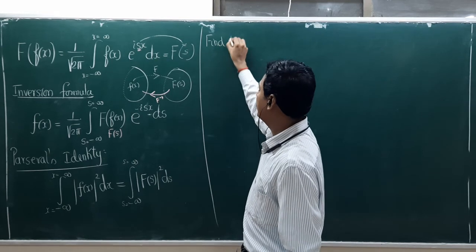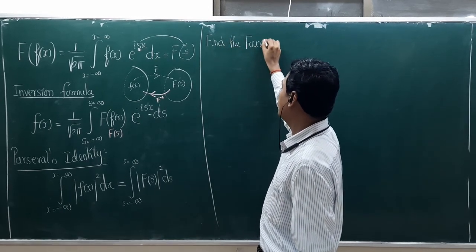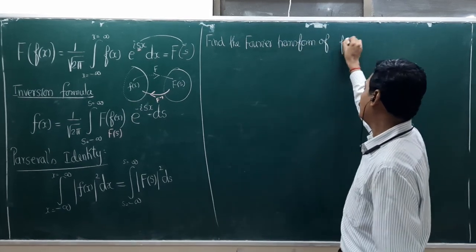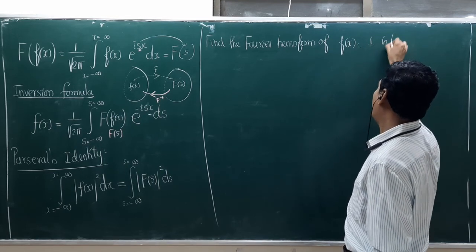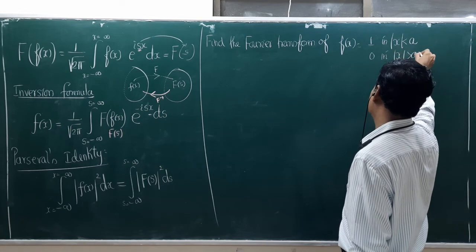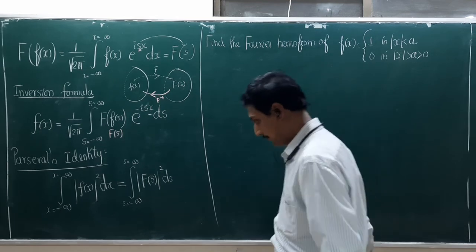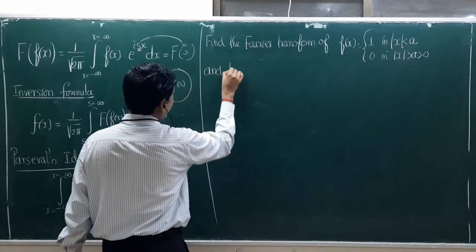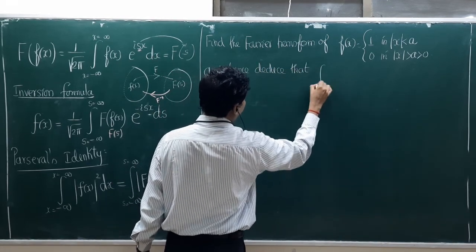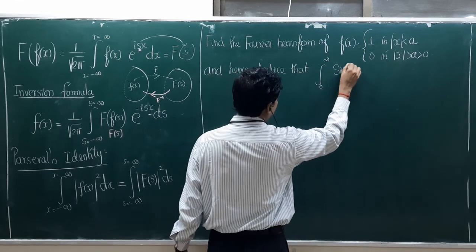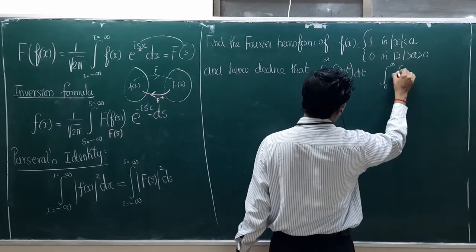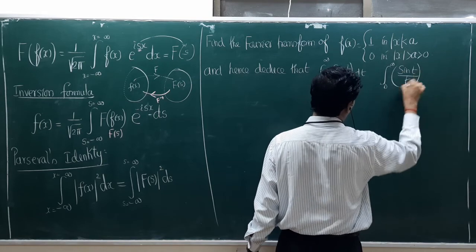Find the Fourier transform of f(x) equal to 1 in mod x less than a, and 0 in mod x greater than a, where a is a positive constant, and hence deduce the integral from 0 to infinity of sin t by t dt and the integral from 0 to infinity of (sin t by t) whole square dt.